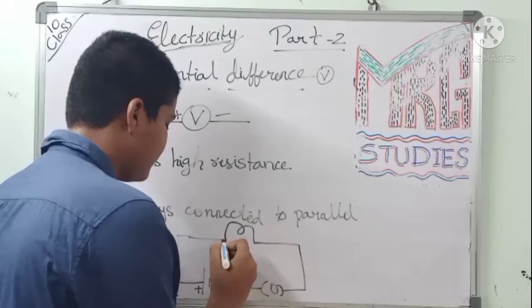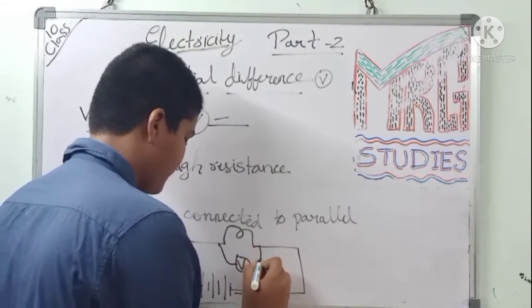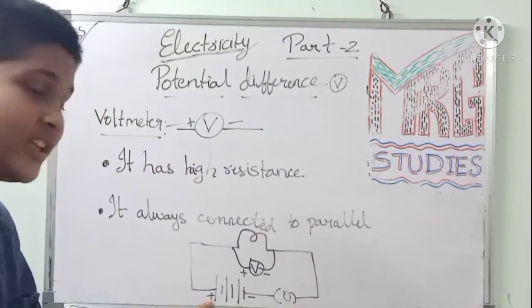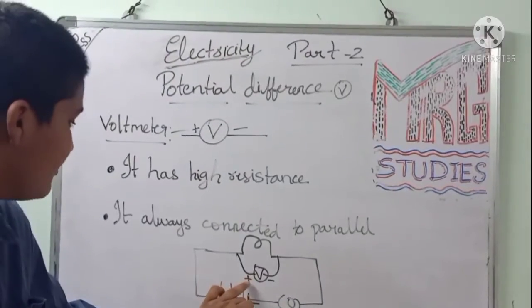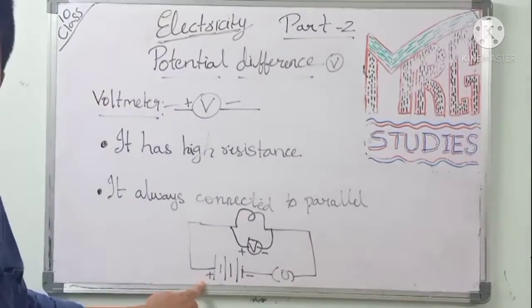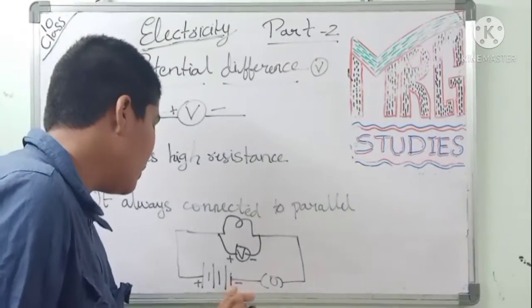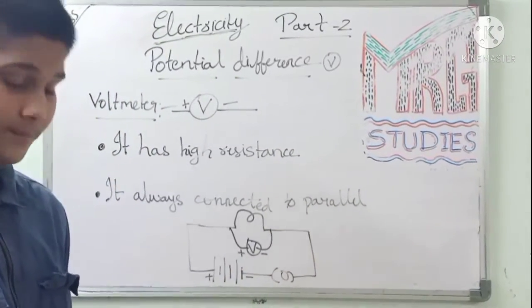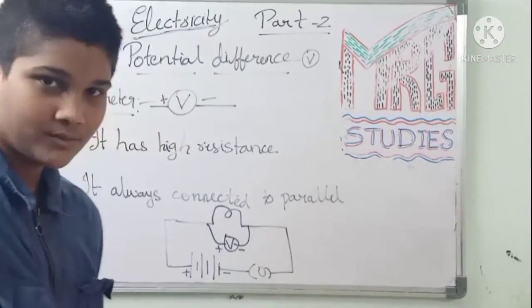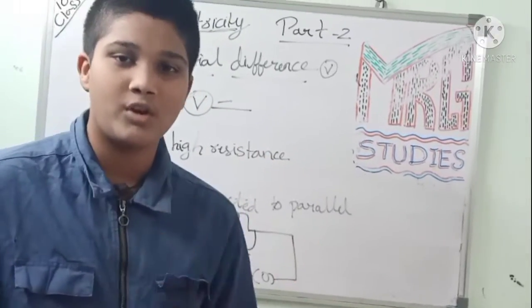See how, like this. At which side we have placed the plus of the battery, on that same side we should keep the plus symbol of the voltmeter. The plus symbol is on the left, so I kept it on the left, and the minus symbol is on the right, so I kept it on the right. And from which direction will the current flow? The current will flow from higher potential to lower potential.